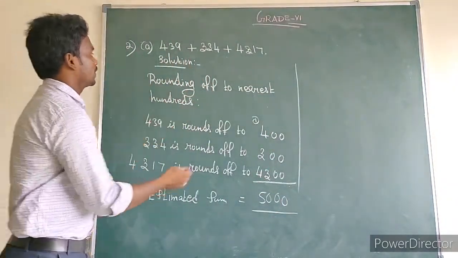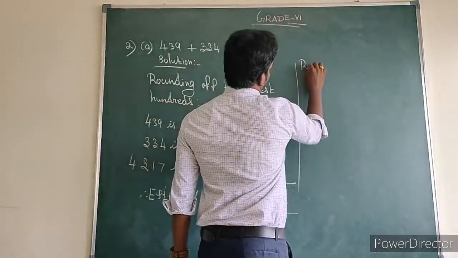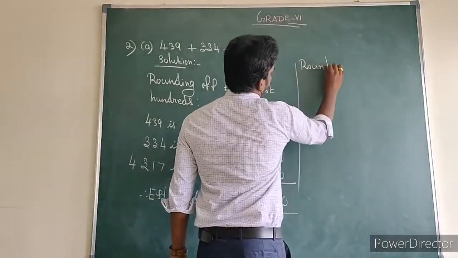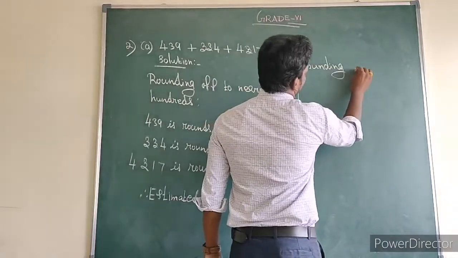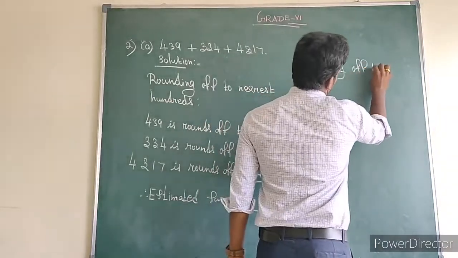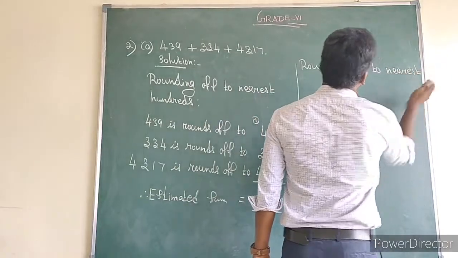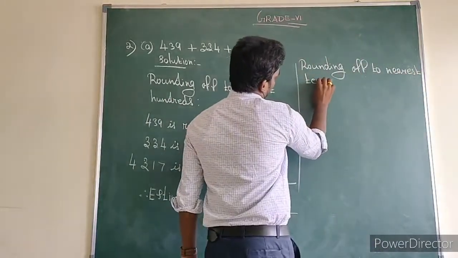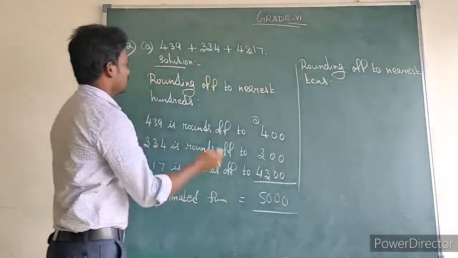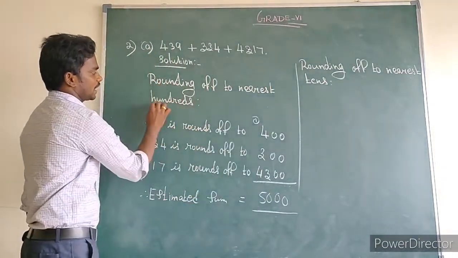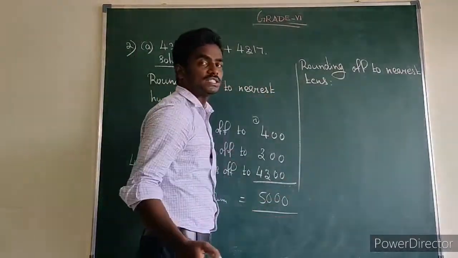Next we want to find the nearest tens. First one was rounding up to nearest 100. Next, rounding up to nearest tens.